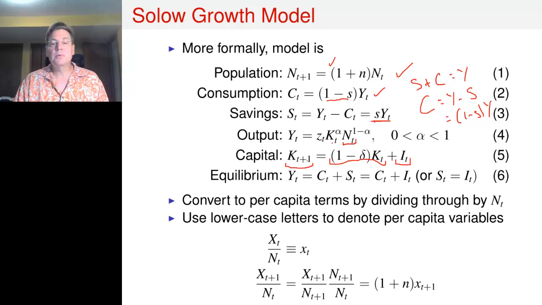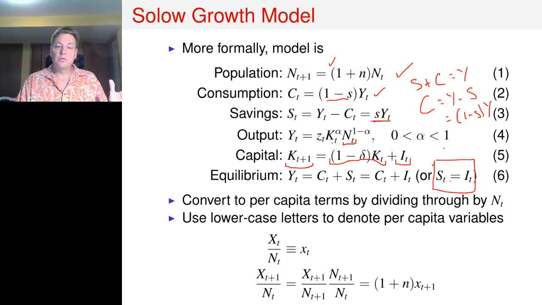So equilibrium is going to be Y equal to C, consumption, plus savings, but that's also equal to consumption plus investment. To word it differently, the savings that consumers do goes directly into the firm's investment and therefore produces new capital in the future.